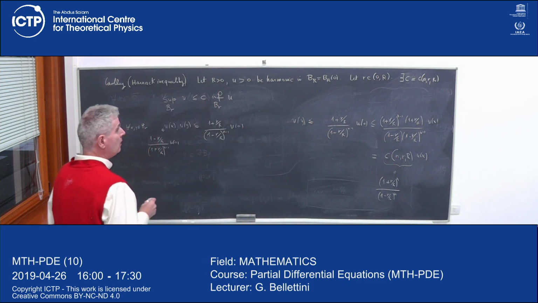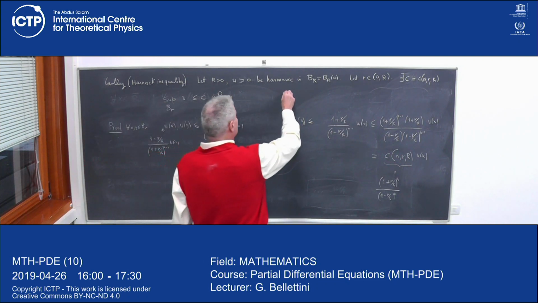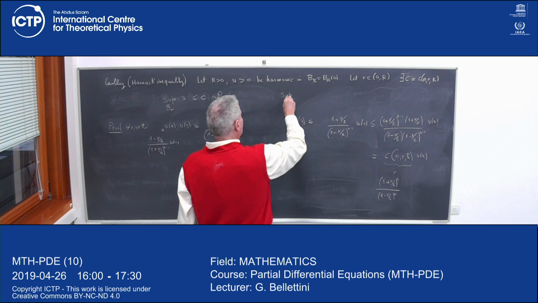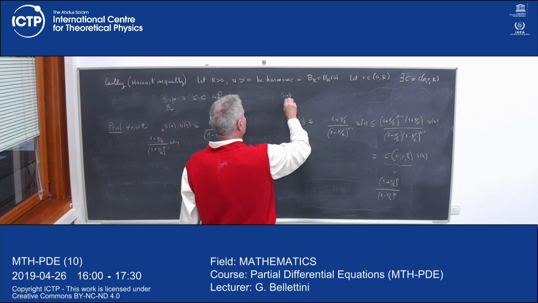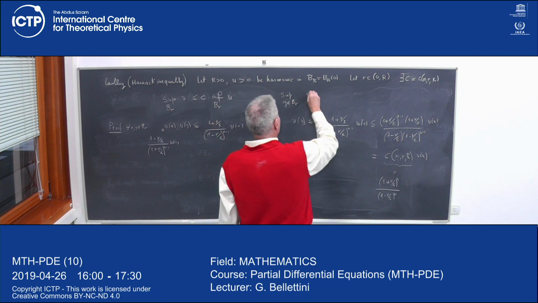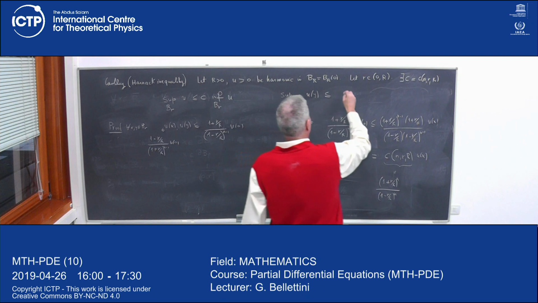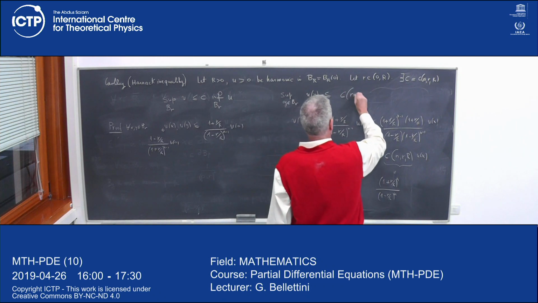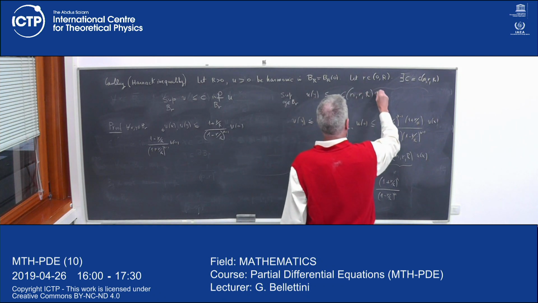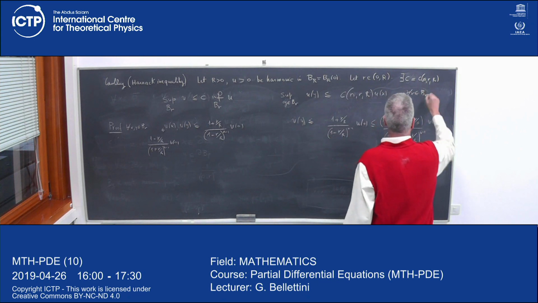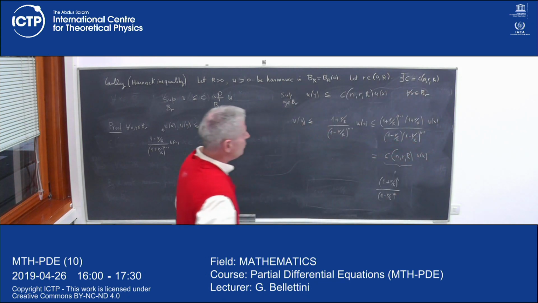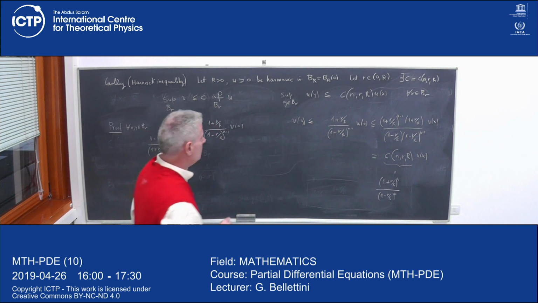Therefore passing to the supremum over y, the supremum over y in B_r of u of y is less than or equal to c_n times u of x for any x in B_r, and therefore now passing to the infimum with respect to x.